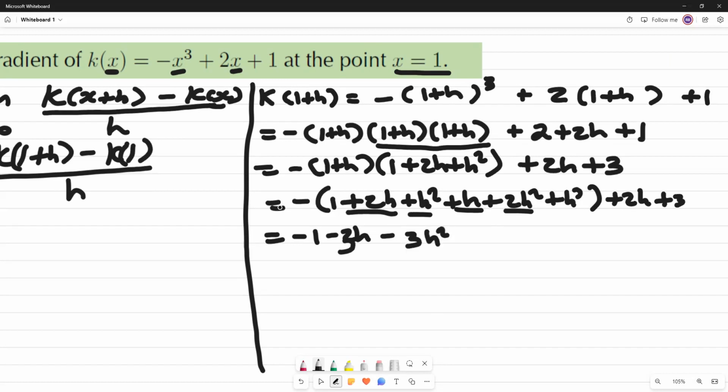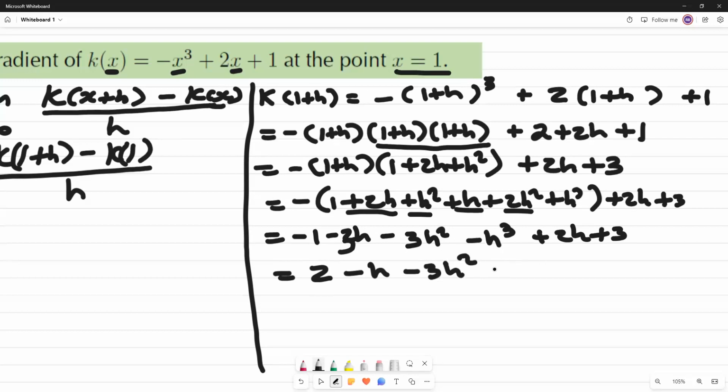When you put the negative, it becomes minus. Then minus h cubed plus 2h plus 3, right? You can see that this and that gives you 2, right? This and that gives you minus h, right? And then gives you minus 3h squared minus h cubed, right? Sharp. And then that's it about this.